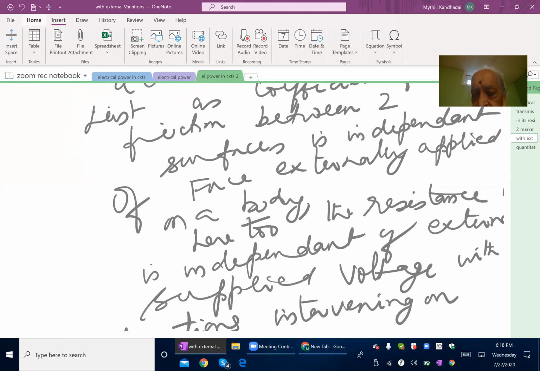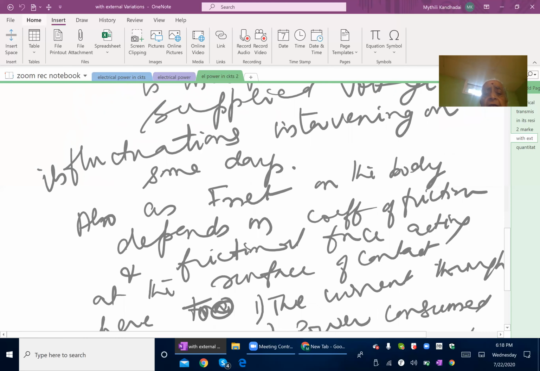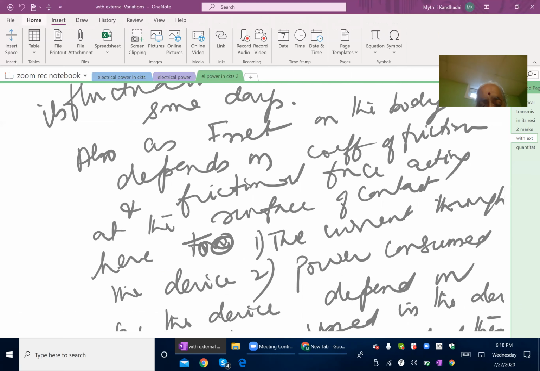So whatever force is applied, the acceleration will depend as a function of the force applied and the coefficient of friction and the frictional force. So also, F net on the body depends upon the coefficient of friction and the frictional force acting at the surface of contact.